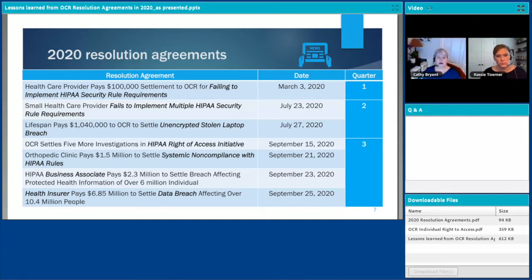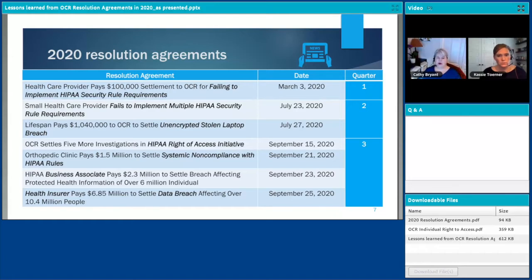You can see that the OCR kind of had a slow start with only one resolution agreement in the first quarter. It's interesting to note that it was right before most people were affected by the pandemic, and the OCR actually was busy issuing a lot of interim guidance, and that guidance has been helpful throughout the pandemic.